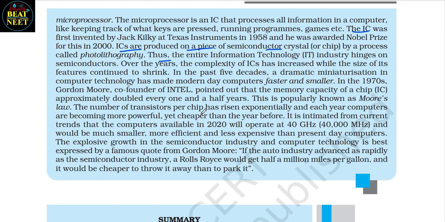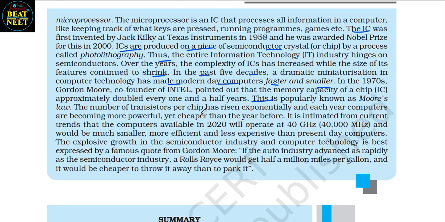Over the years, the complexity of ICs has increased while the size of its features continued to shrink. In the past five decades, a dramatic miniaturization in computer technology has made modern-day computers faster and smaller. In the 1970s, Gordon Moore, co-founder of Intel, pointed out that the memory capacity of a chip approximately doubled every 1.5 years. This is popularly known as Moore's law.